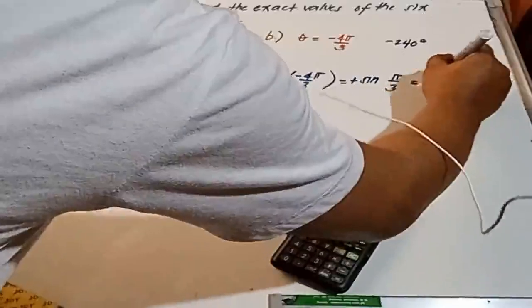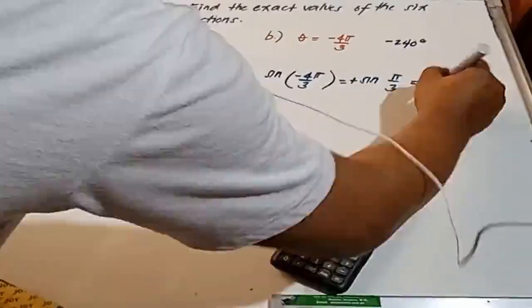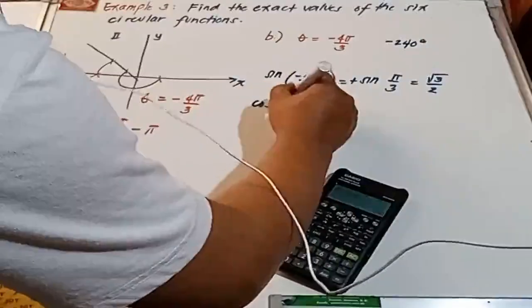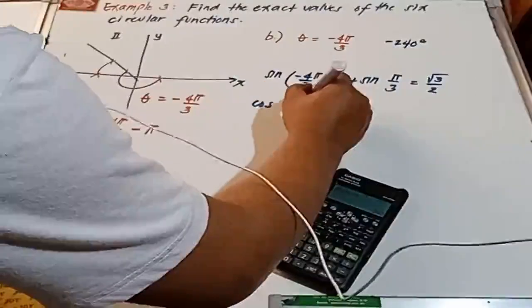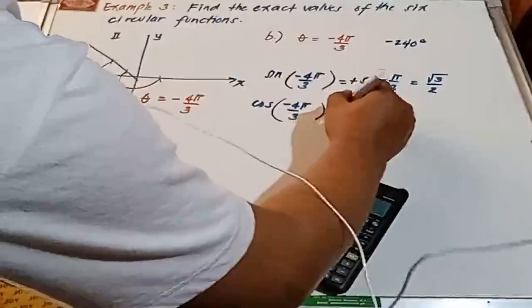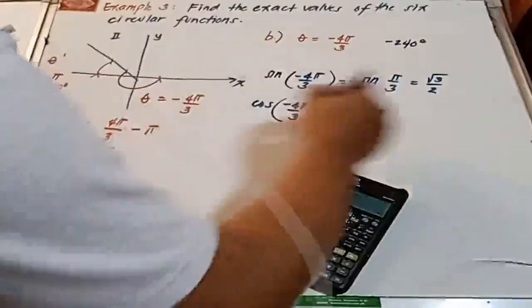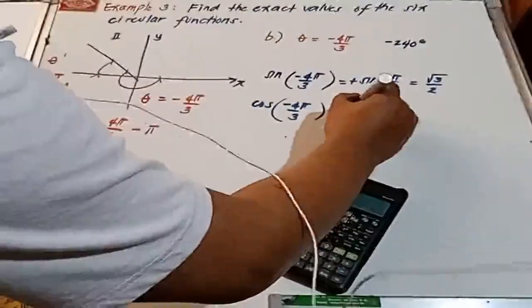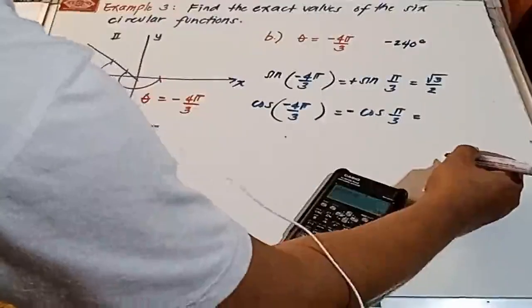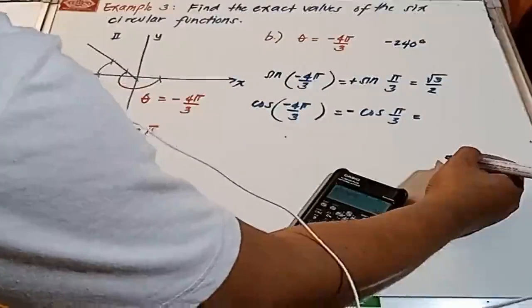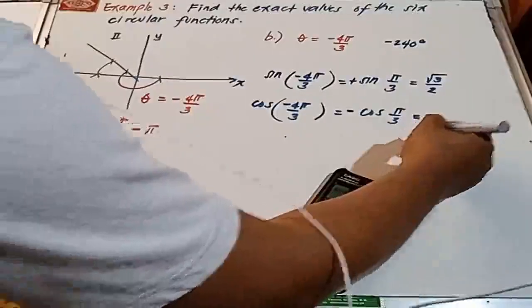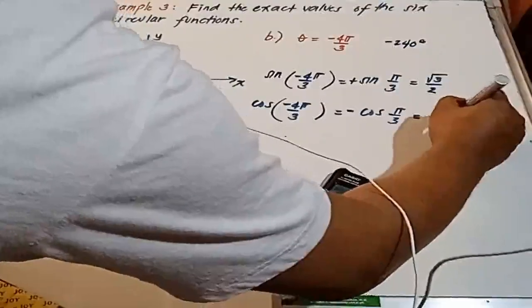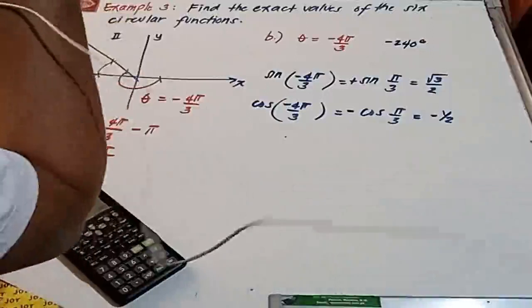Okay? And cosine negative 4 pi over 3, that is the same as cosine. The reference angle is pi over 3. Pero second quadrant, negative dun si cosine. Cosine pi over 3, cosine is 1/2. So, negative 1/2. Pwede yung check using scientific calculator.